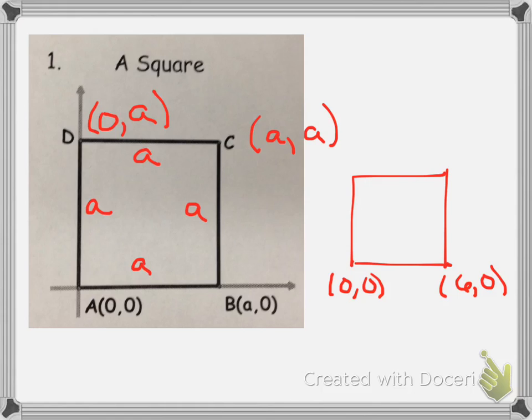When you traveled up, you should have done 6, 6, and this one should have been 0, 6. Now think about it, does that make sense? You traveled 6 units to the right, 6 units up, 6 units back, and 6 units down. So you ended up with a square that had congruent sides. You could pick any number of units, and that would work.